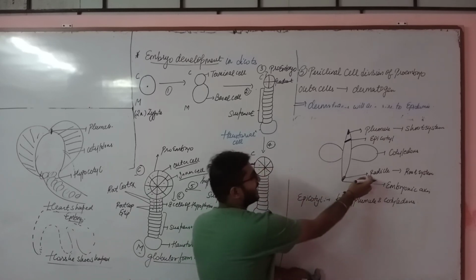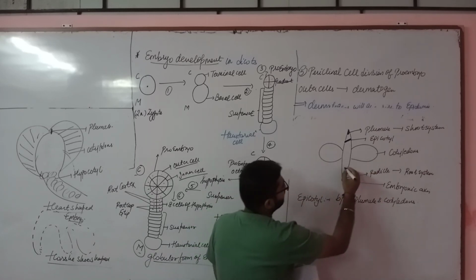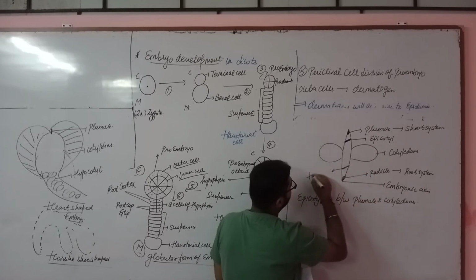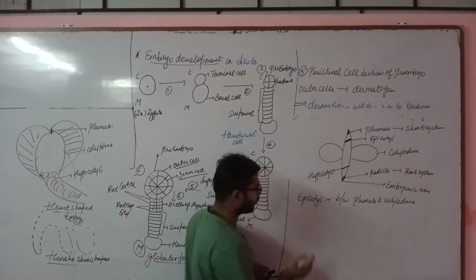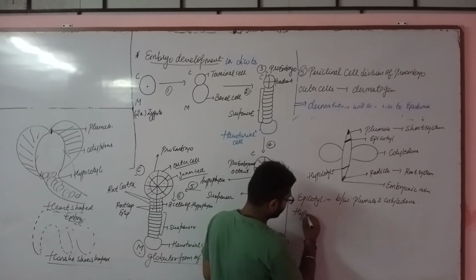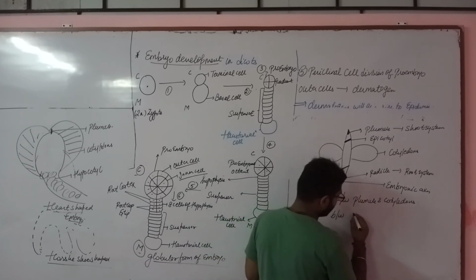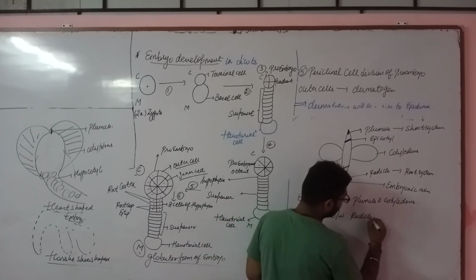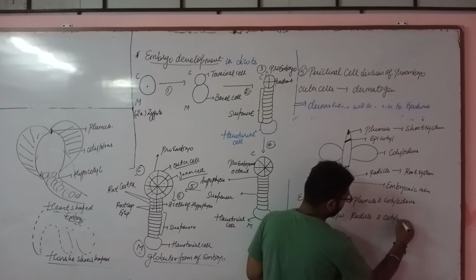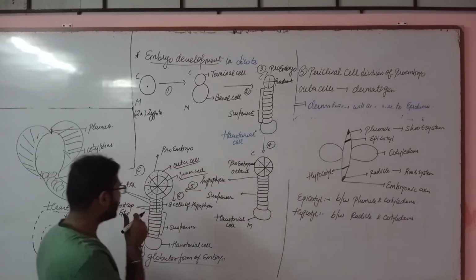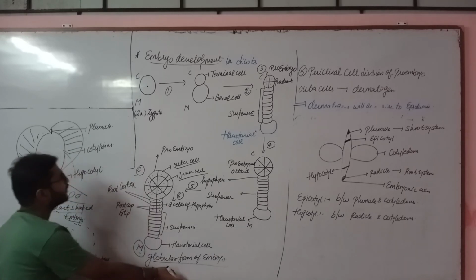Now between radical and cotyledon, the structure which is located is called hypocotyle. Hypo means below. So hypocotyle is located below the cotyledons, between radical and cotyledons. Right?